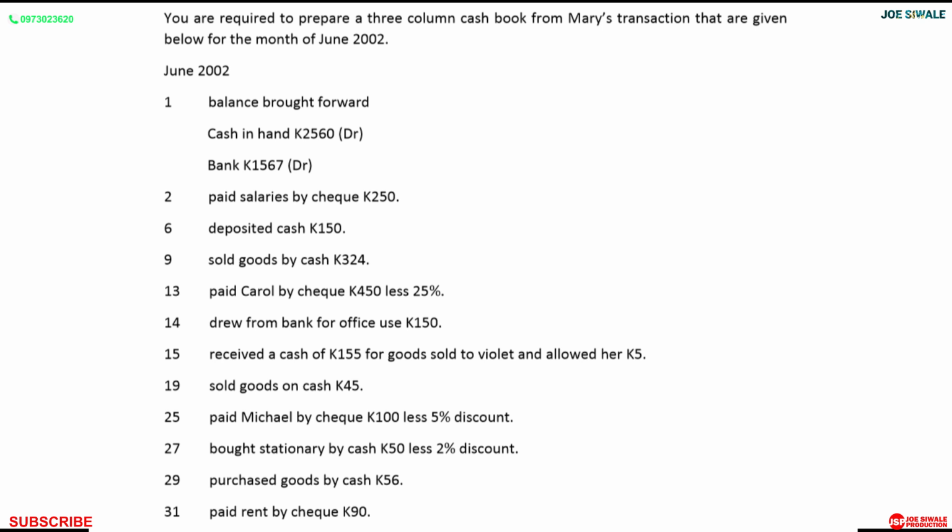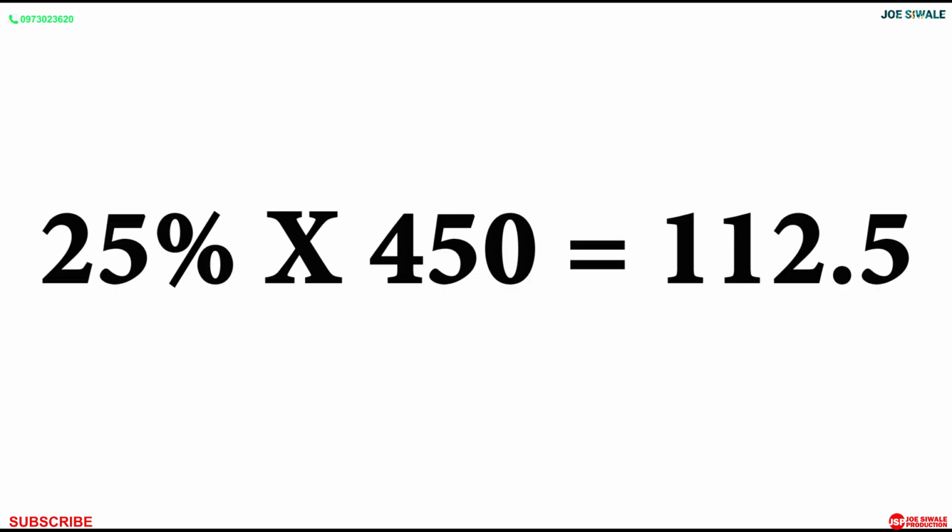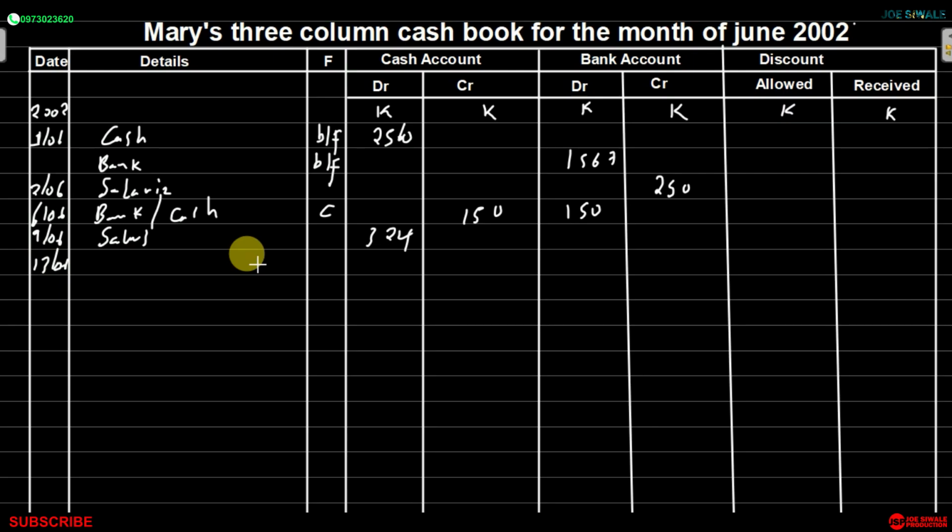So the first thing that we're going to do is to calculate the amount of discount that we received. So we're going to say 25% of 450, and the answer that we are having is 112.5. So that one we're going to record on discount received.